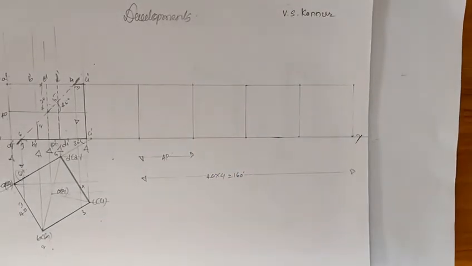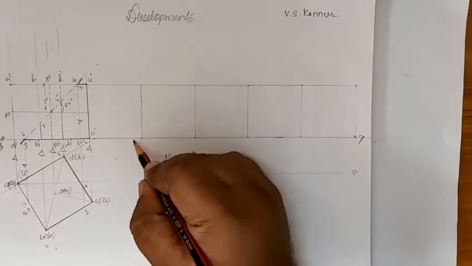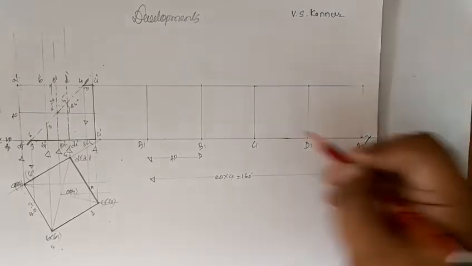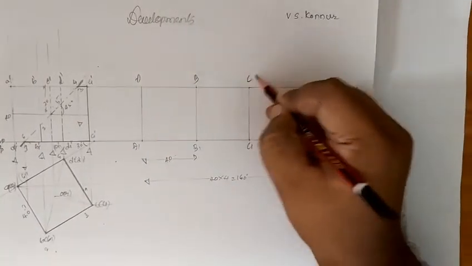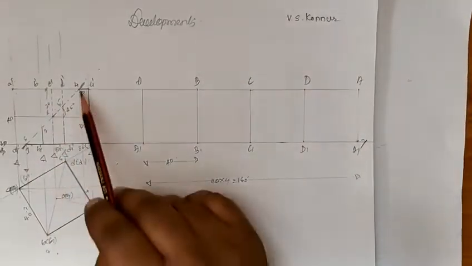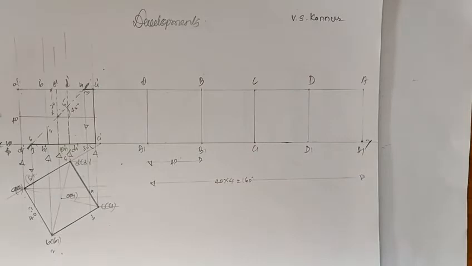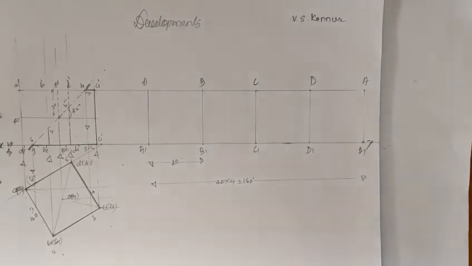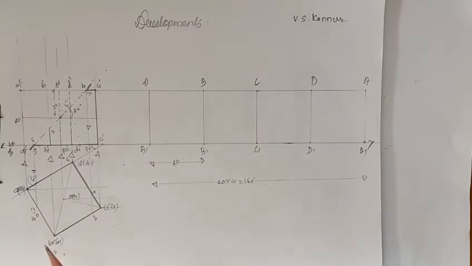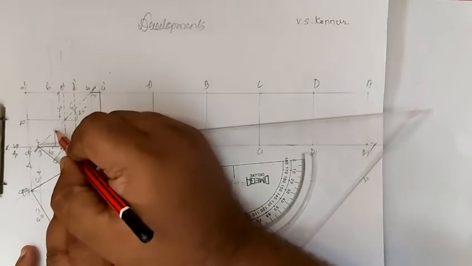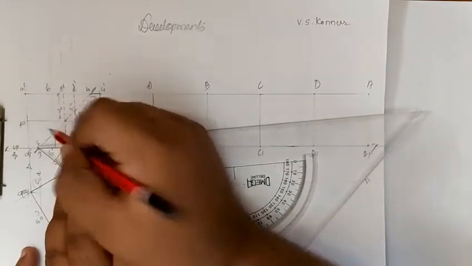Right, now we'll name it A1, B1, C1, D1, A1, and A, B, C, D, A. As per the rules, the cuts on the vertical lines in the front view, you have to draw horizontal lines wherever they cut. The first is not on it. So the second point, we will draw from the second point wherever it cuts. So from this point we'll draw a horizontal line.